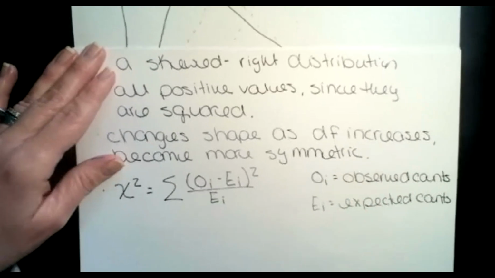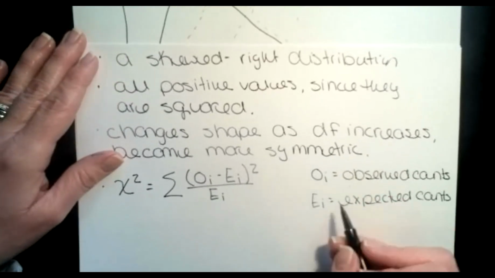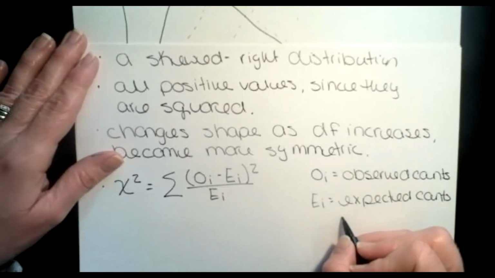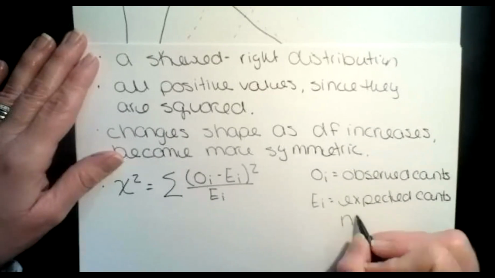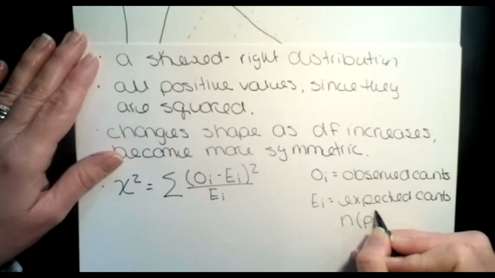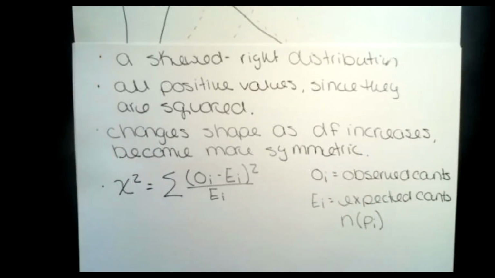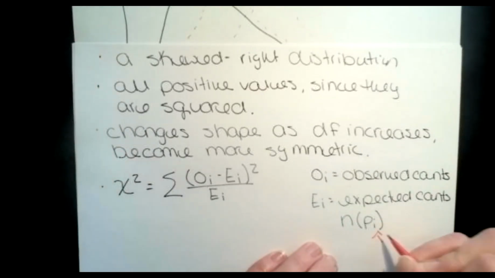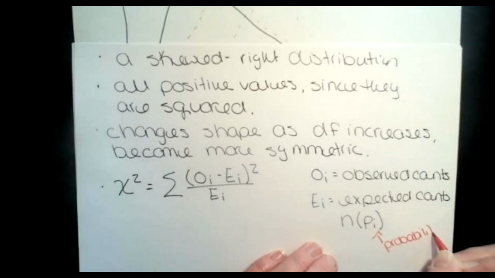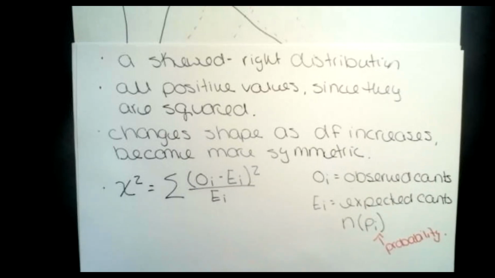That's what we're doing here. And this E sub i is actually n times the probability of that. We don't need to go through all of this because we will not be doing it. It's the probability of it occurring for our expected.